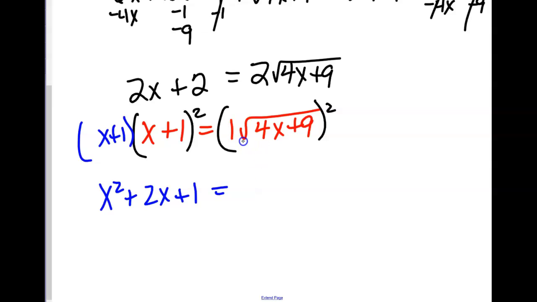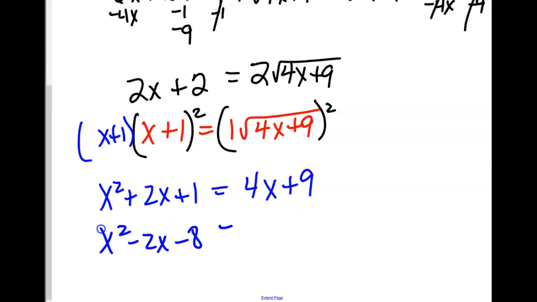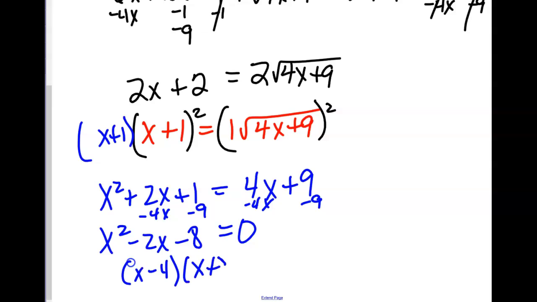And the right-hand side, 1 squared is just 1, and then the radical goes away. All right, if I make that equal to 0, how does that factor? I subtracted the 4x over here and the 9. Factors x minus 4 times x plus 2. So what do I get? X equals 4 or negative 2? Okay.